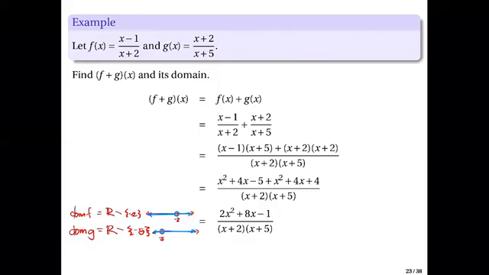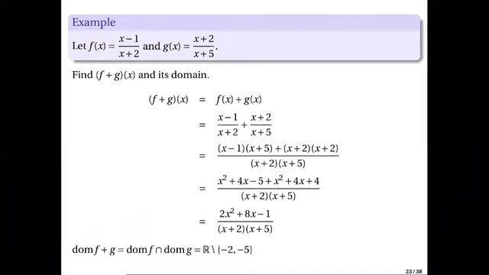Which means, if we get the intersection, it will be the set of real numbers except negative 2 and negative 5, because negative 2 and negative 5, each of them, is not common to both. Negative 2 is not in the domain of f.